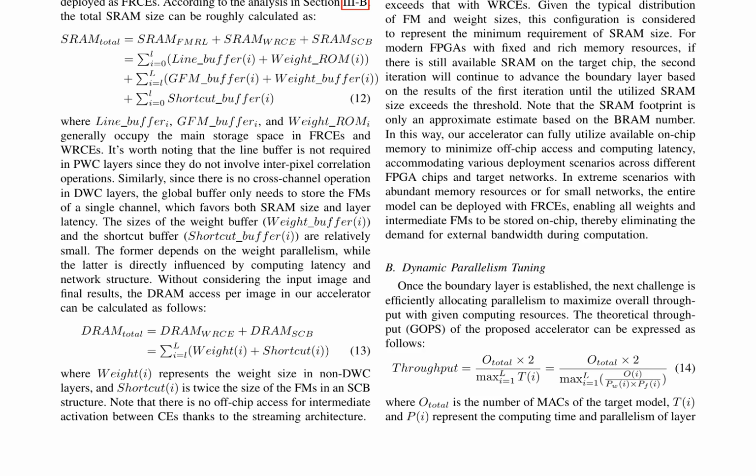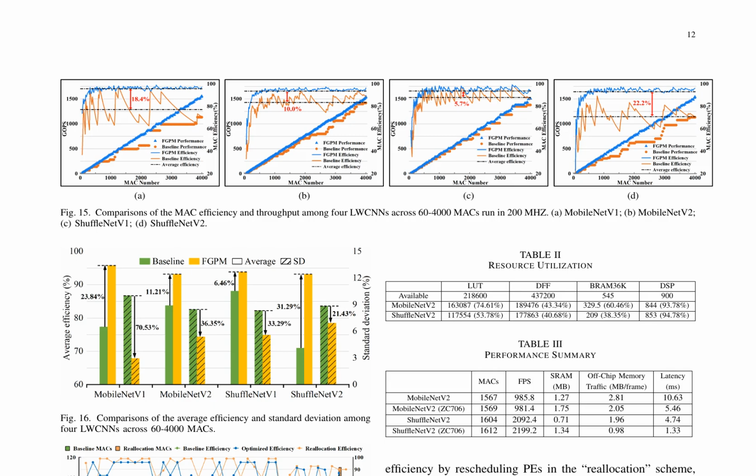The authors evaluate the effectiveness of the proposed architecture using 4 representative LWCNNs and implement MobileNet v2 and ShuffleNet v2 on the Xilinx ZC706 board, showing significant reductions in on-chip memory size and off-chip memory access compared to other streaming architectures.